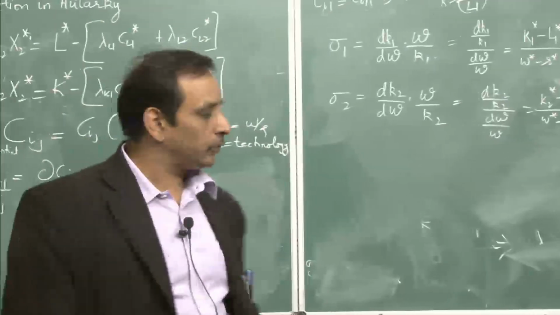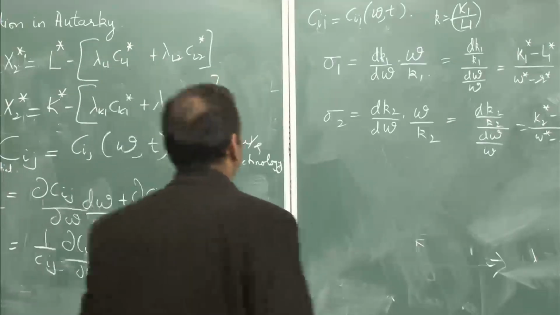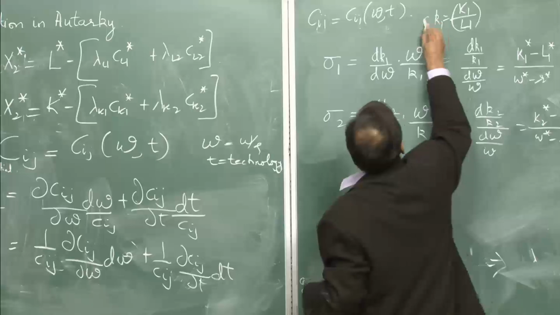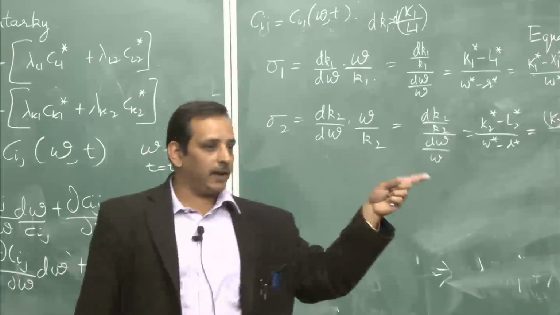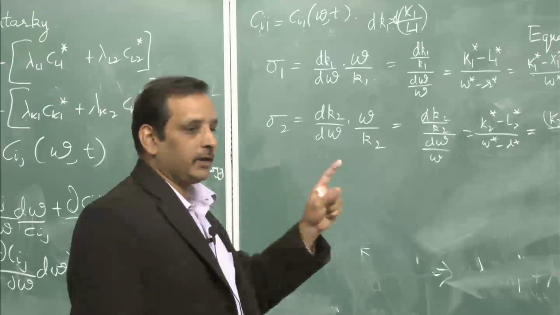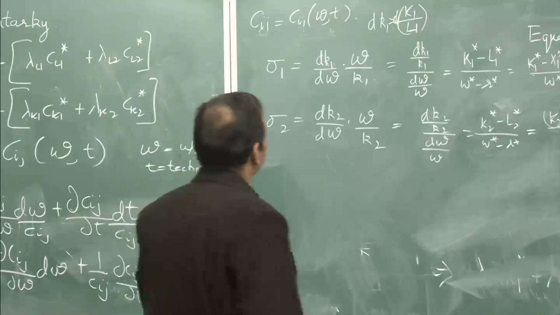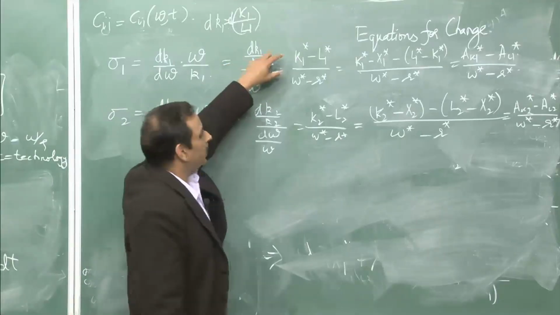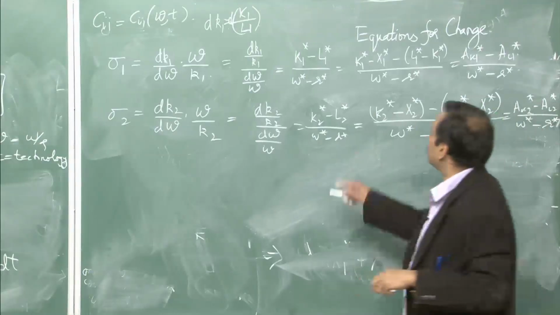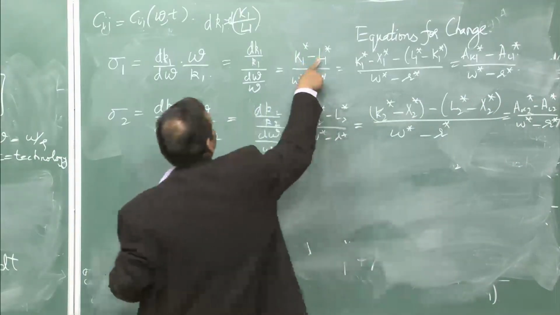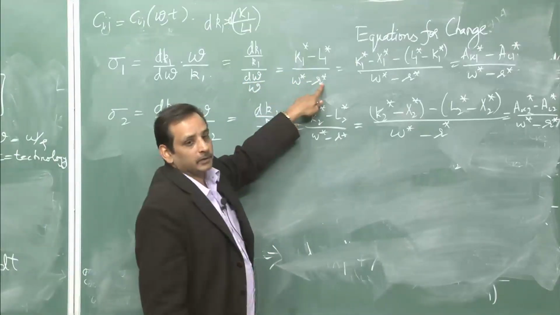Please recall the quotient rule of derivative. If you have to find dk1, use the quotient rule, it will be L1 dK1 minus K1 dL1 divided by L1 square. And then if you divide by k1, you will get a proportionate change in k1, proportionate change in labor. So, k1 star minus L1 star, W star minus R star.